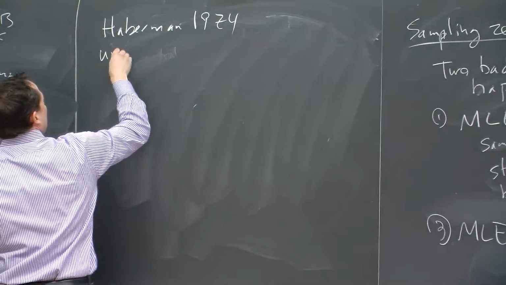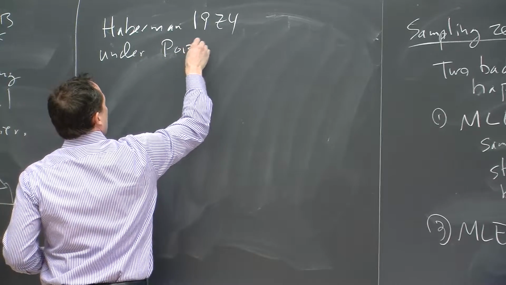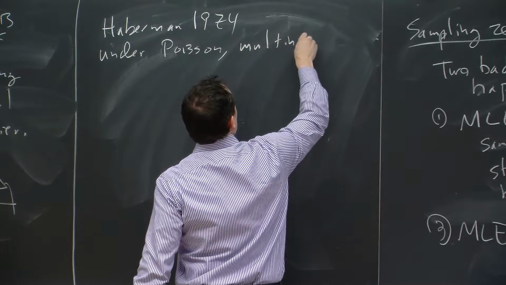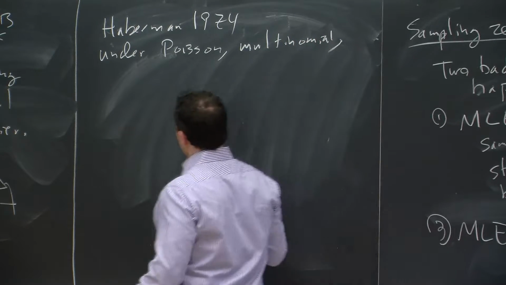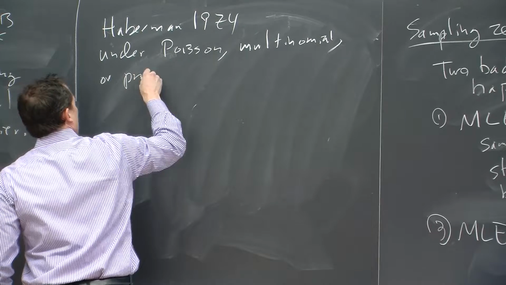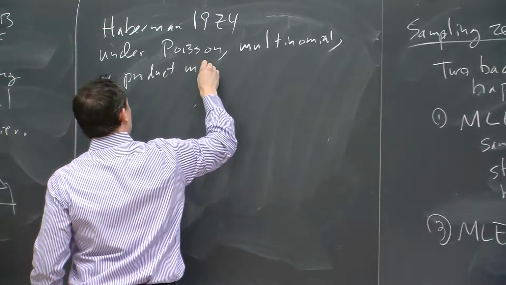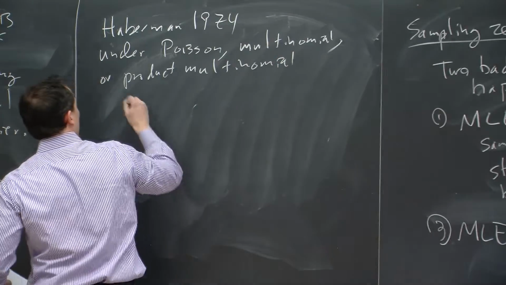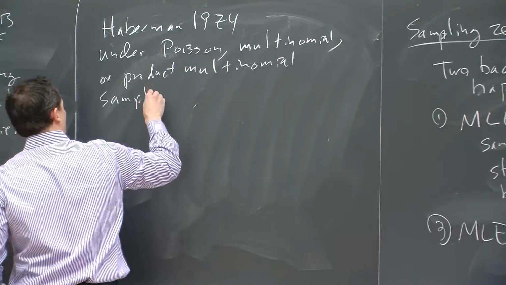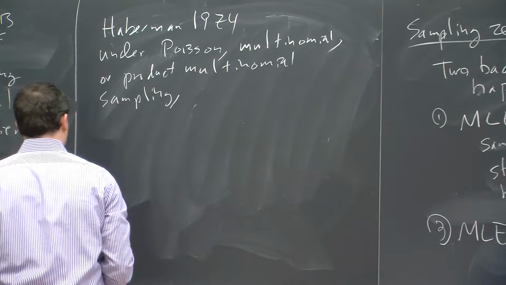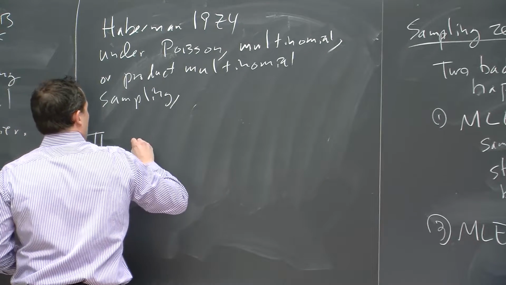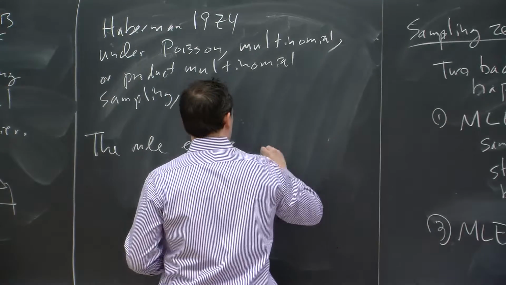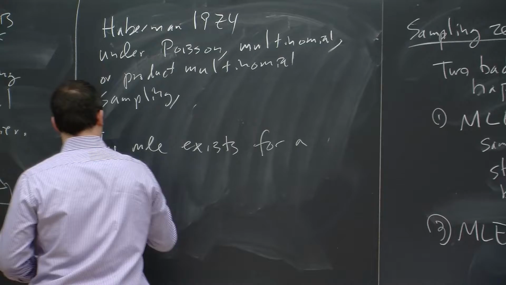And this says that under Poisson, multinomial, or product multinomial sampling, the MLE exists for a model.